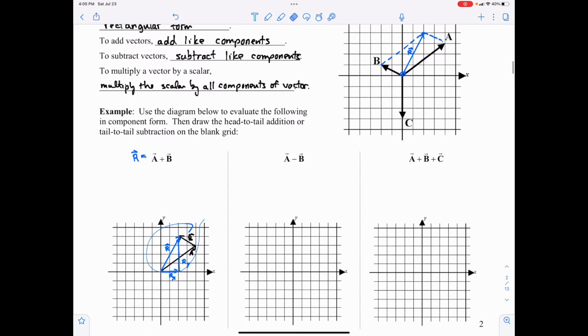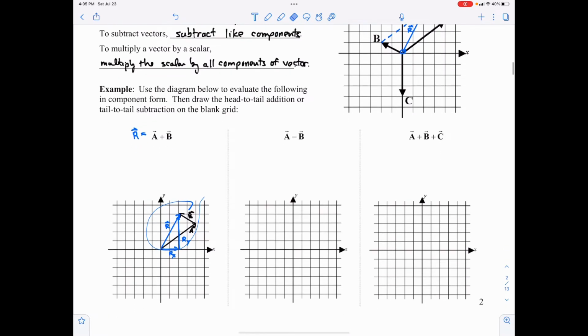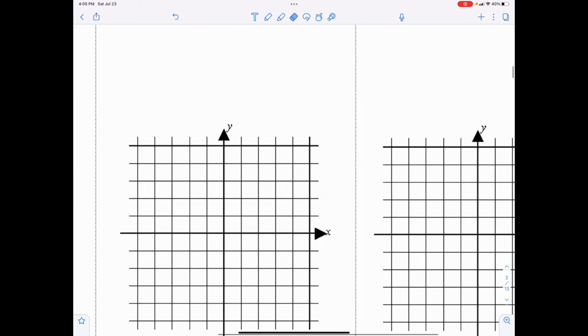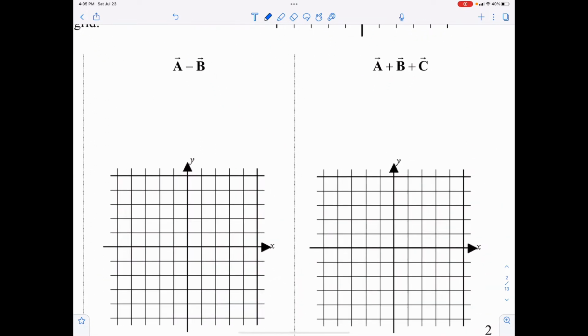Okay, so let's try A minus B. I'm going to use tip-to-tail method for the remaining examples. So A, remember A went 4 units to the right and 3 units up.